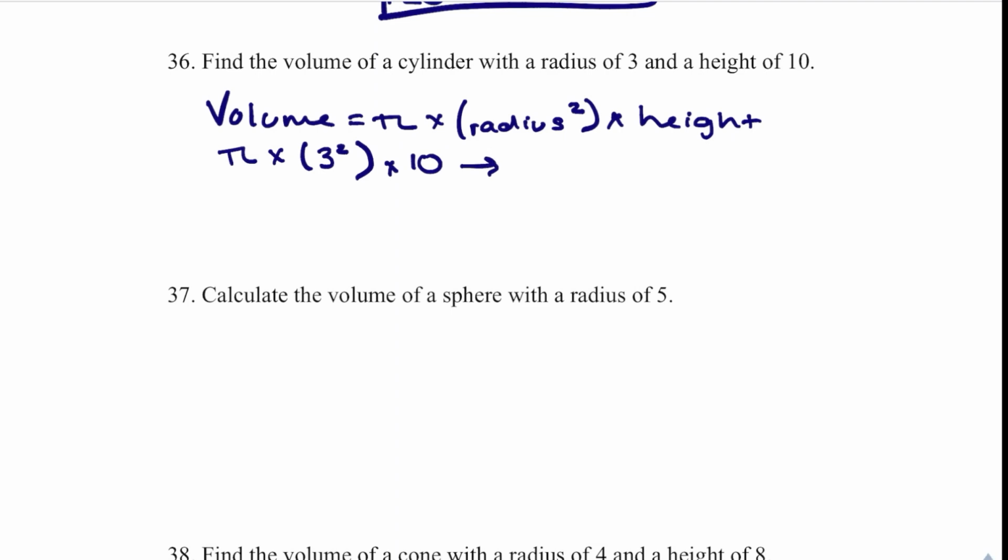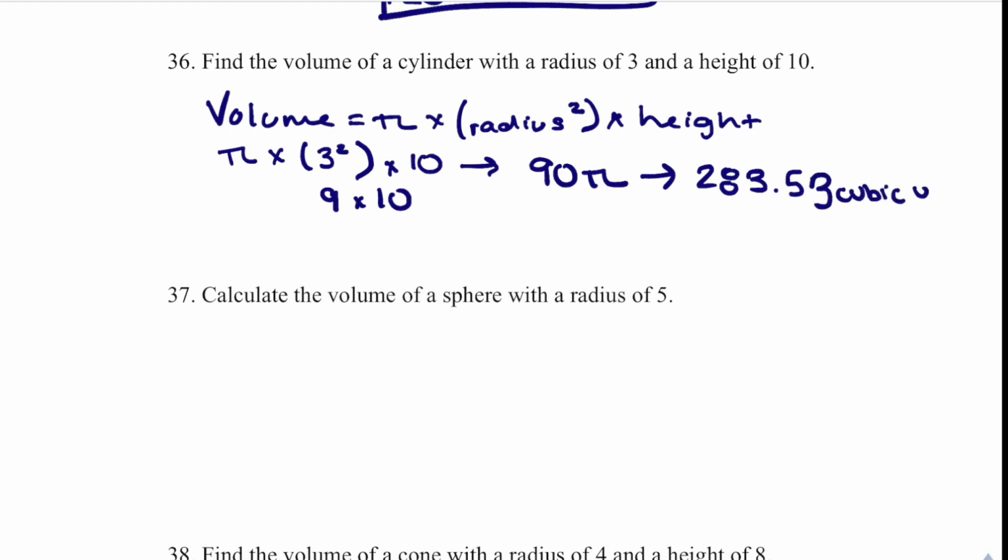And 3 squared is 3 times 3, which is 9, times 10. So we're going to have 90 pi. And we'll just plug that into our calculator. And we're going to get 283.53 cubic units.